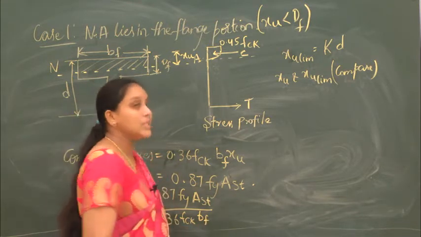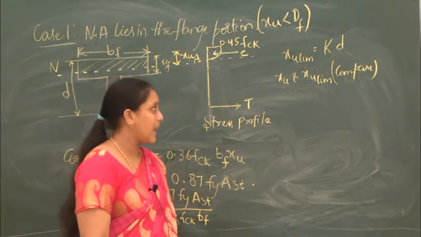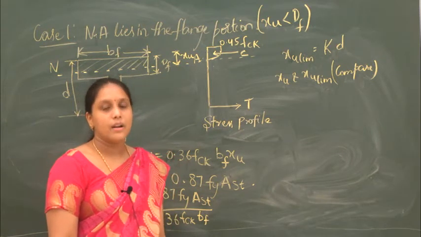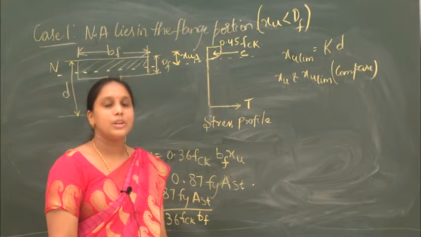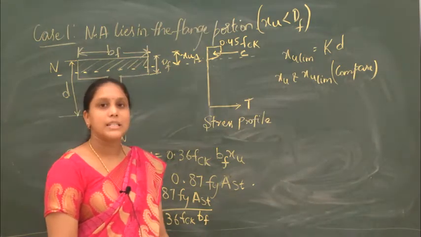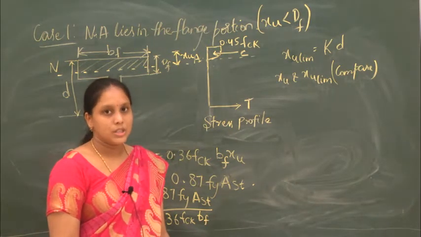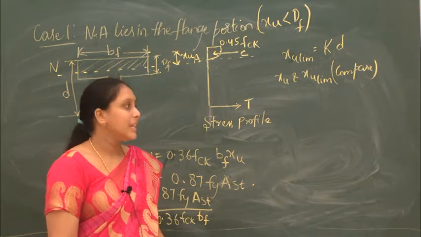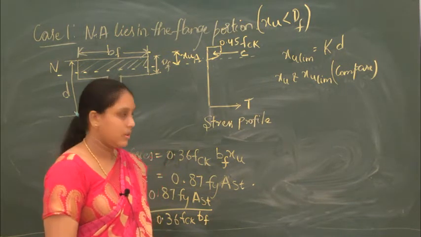If xu is equal to xu limit, it is a balanced section. If xu is less than xu limit, it is an under reinforced section. And if xu is greater than xu limit, then it is an over reinforced section. Based on the type of the section, you have to calculate the moment of resistance.